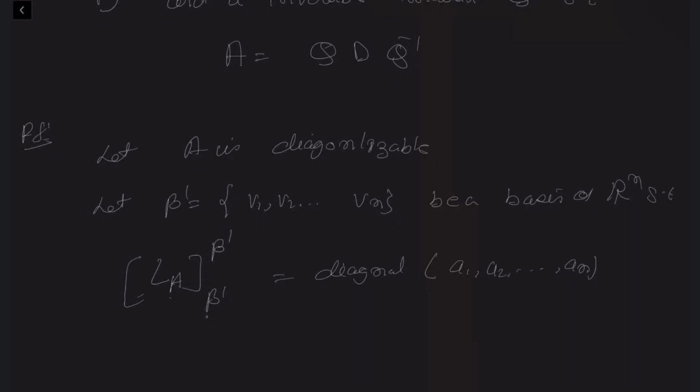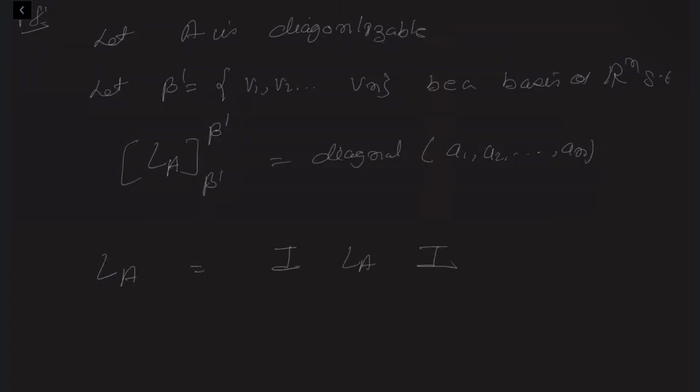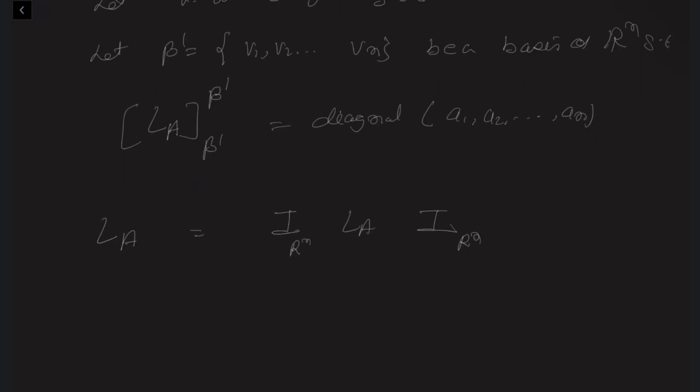Okay, so now this L of A, the linear transformation of A, I can write as I times LA times I. This is fine because I is the identity matrix, in Rn, because everything we are talking about here is n-dimensional.